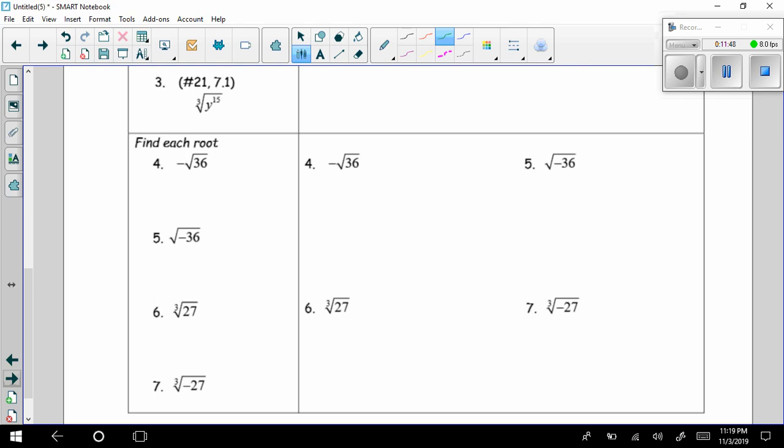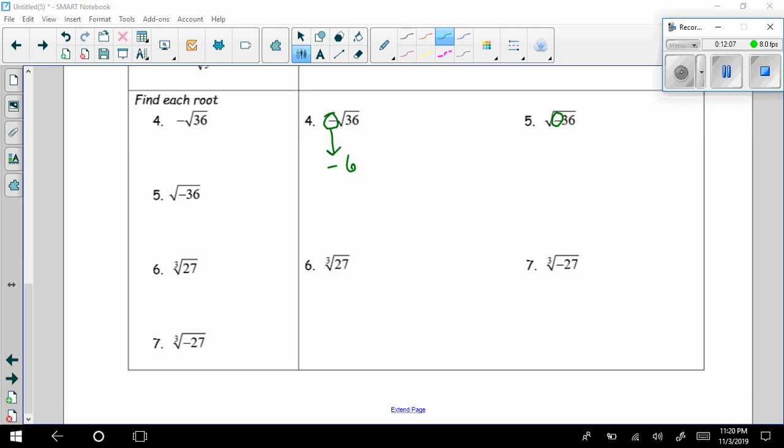Always watch your signs. So the square root of negative 36, that negative is unaffected by the radical, so we have negative 6. But here we have the square root of a negative inside, which we can't have. We can't have this negative underneath an even index. So the only reason this doesn't work is because it's an even index.